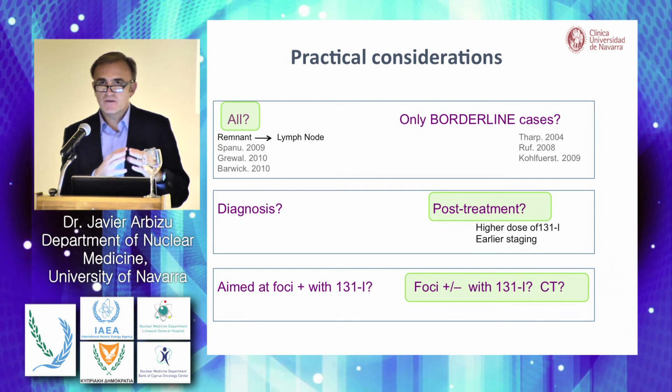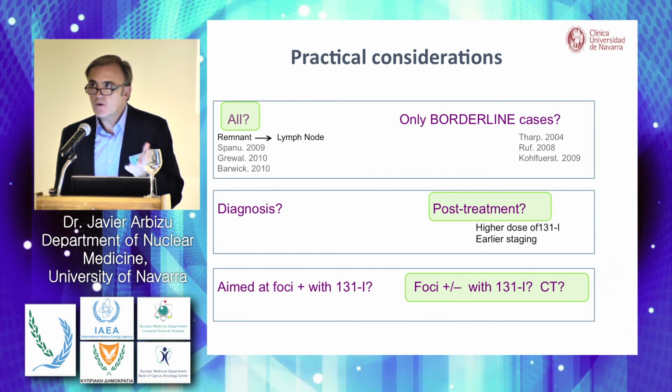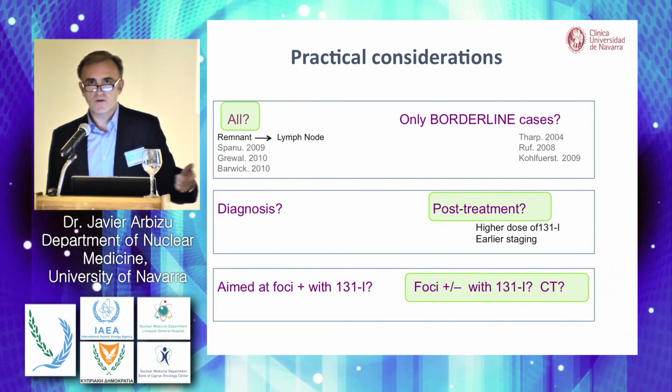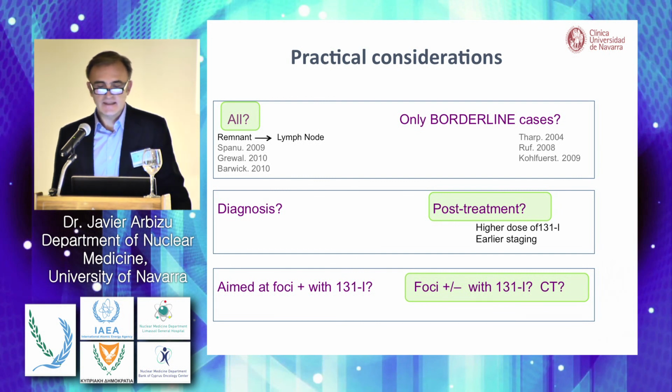For a patient with a negative or equivocal scan, it is in some cases difficult to define if this is a good case to perform a SPECT, because it takes a lot of time. You are adding some radiation from the CT, so we have to think about that.